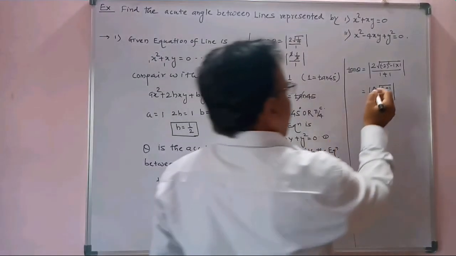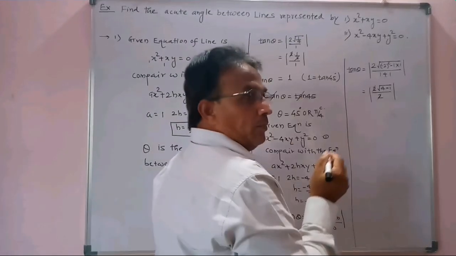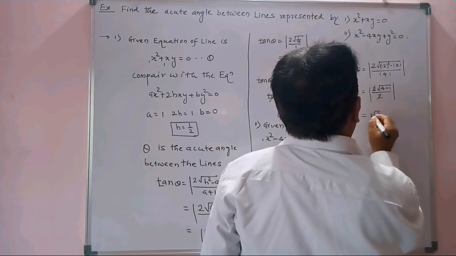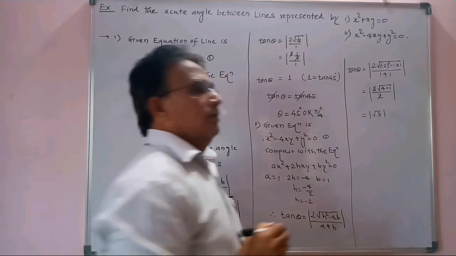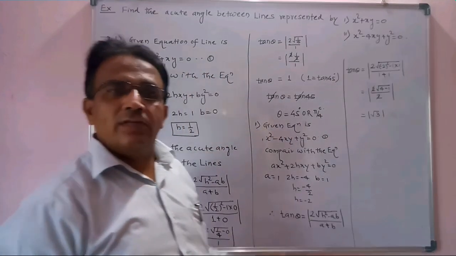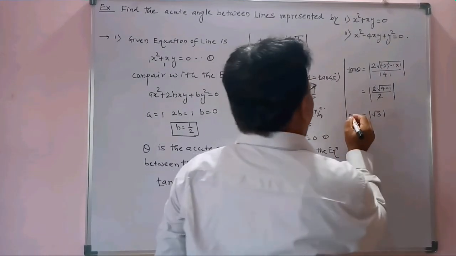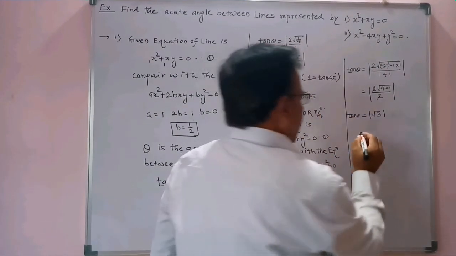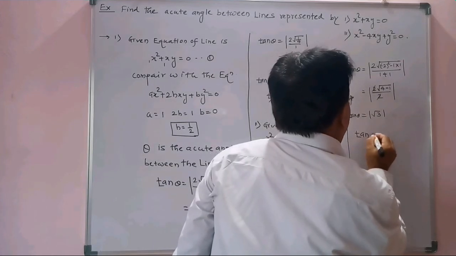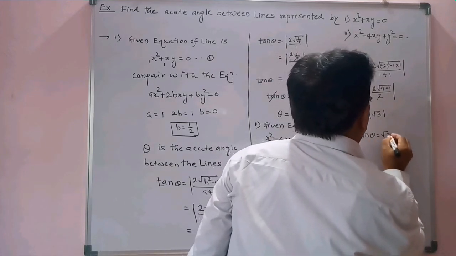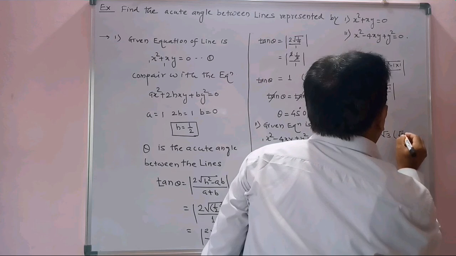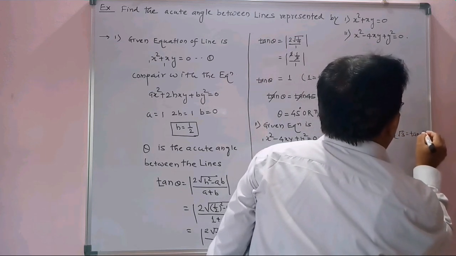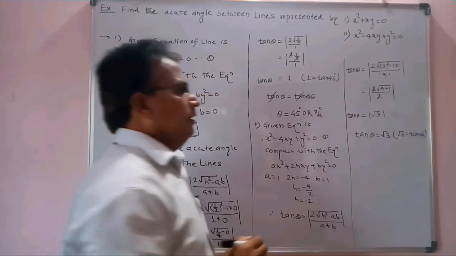2 divided by 2 cancels. Therefore, root 4 minus 1 is root 3. Tan theta equal to root 3. The value of root 3 is tan 60 degree.